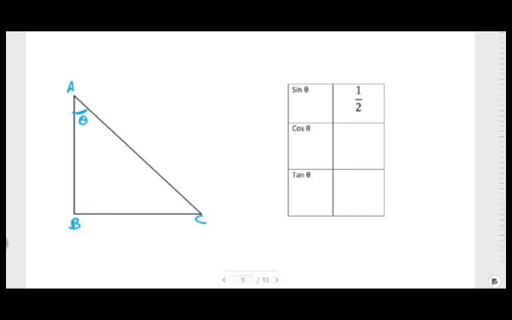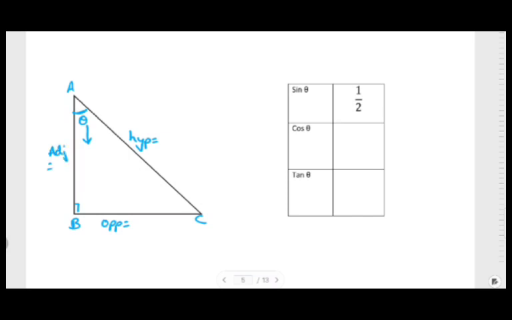AC will remain the hypotenuse because it is the longest side. It is the side opposite to the right angle. So what is the opposite of angle A? It's BC. So this is going to be my opposite this time, and here this is going to be my adjacent.